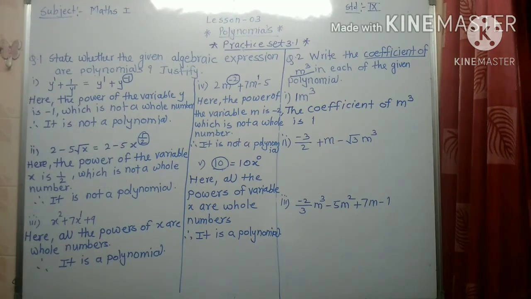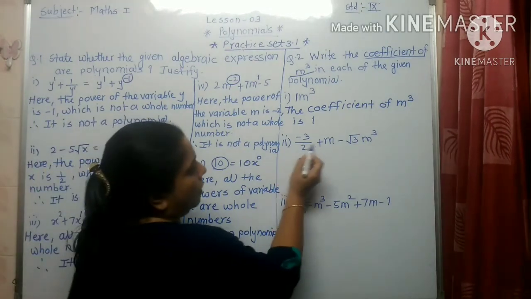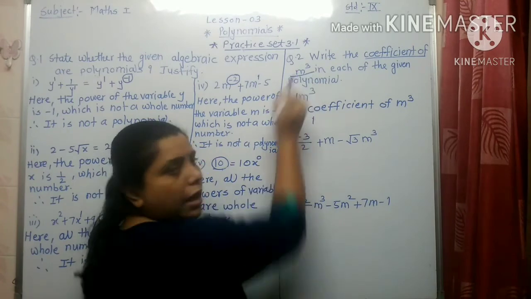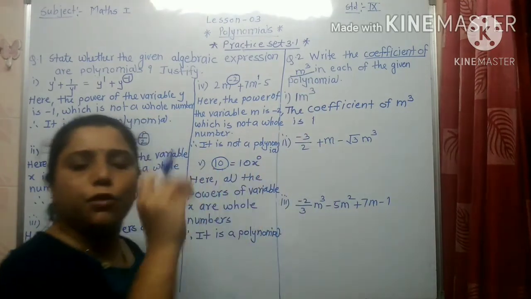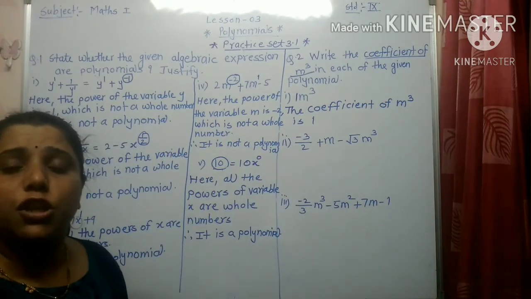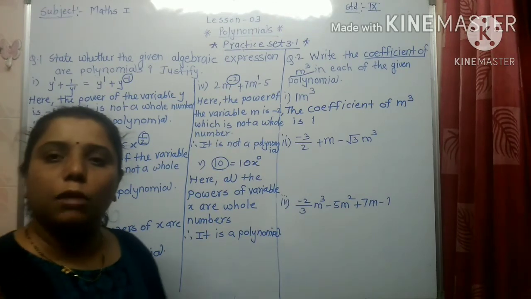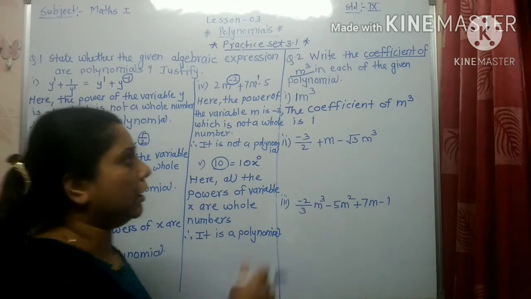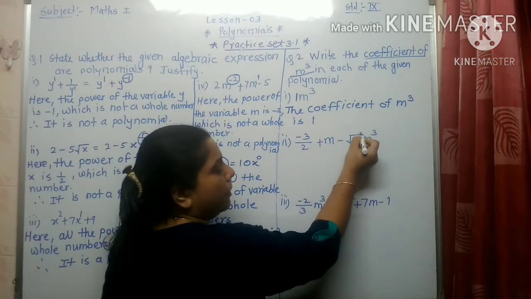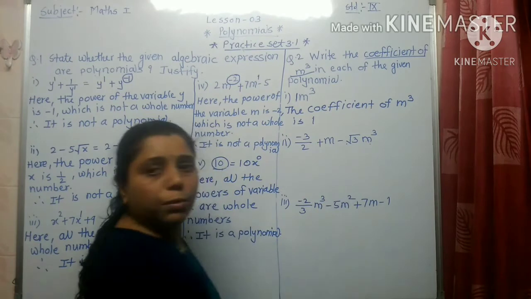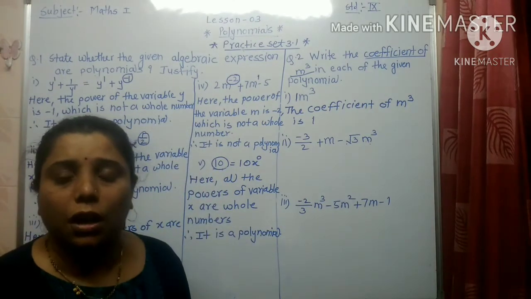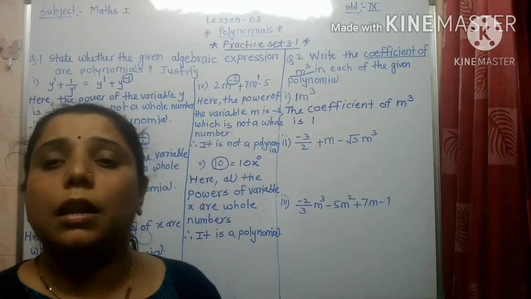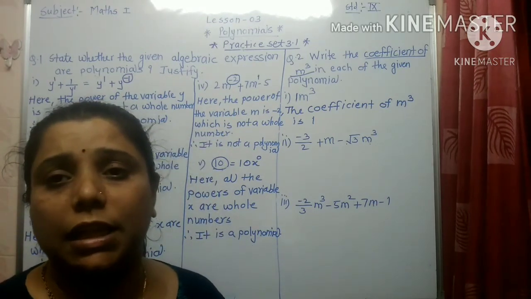Now copy the next one. Here in this term we want only the m cube term. So in this expression we will focus only on the coefficient of m cube. We will not focus on the remaining terms. Please read the question carefully. Coefficient of m cube. So what will be the coefficient of m cube? Yes, -√3. When you are writing the coefficient of the respective variable, write down the coefficient with its sign.